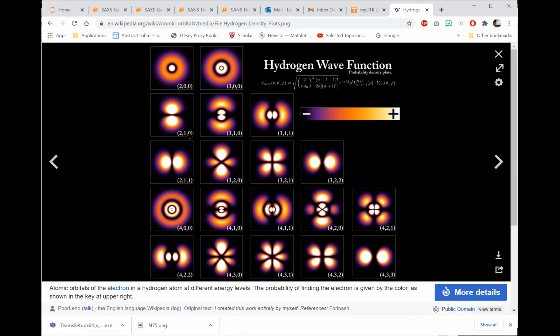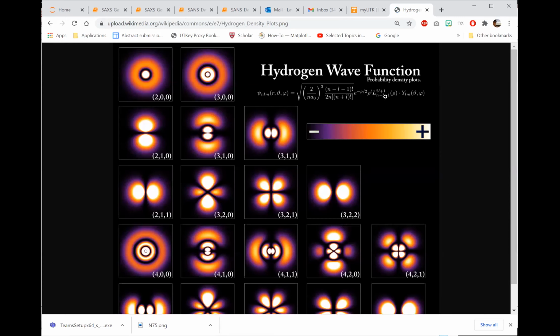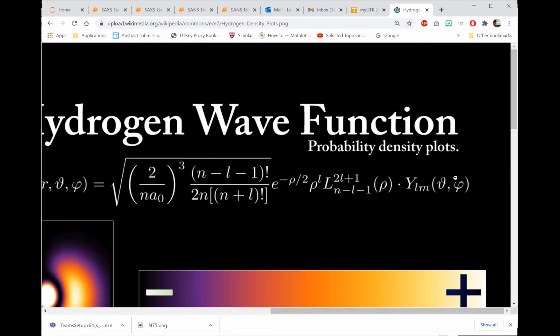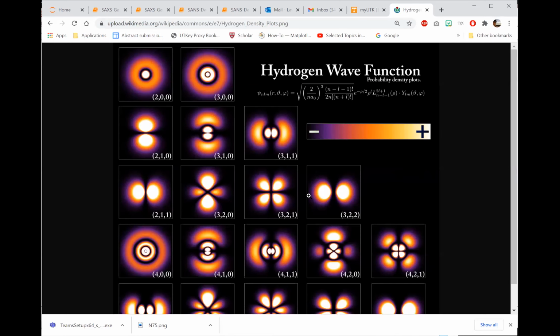And so here's the p orbitals. Of course, the n number matters too. That tells you about what's going on in the radial direction as well. But you see the angular part here is just proportional to the spherical harmonic, Y_lm.